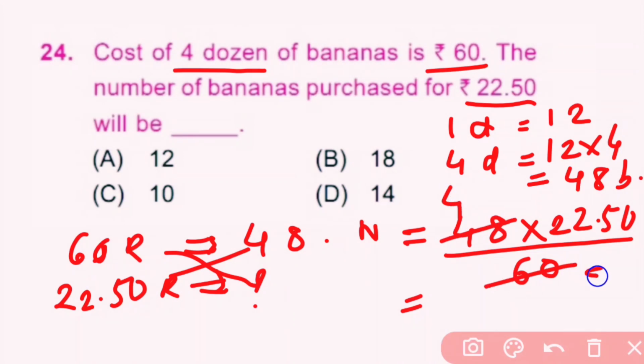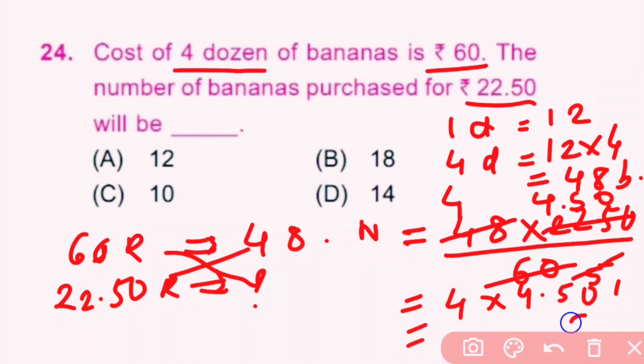So number of bananas here: 12 fours are 48 and 12 fives are 60. Here 5 ones are 5, 5 fours are 20, 2 remaining, 5 fives are 25 and this 0 remaining, and after the decimal, 4 into 4.50.